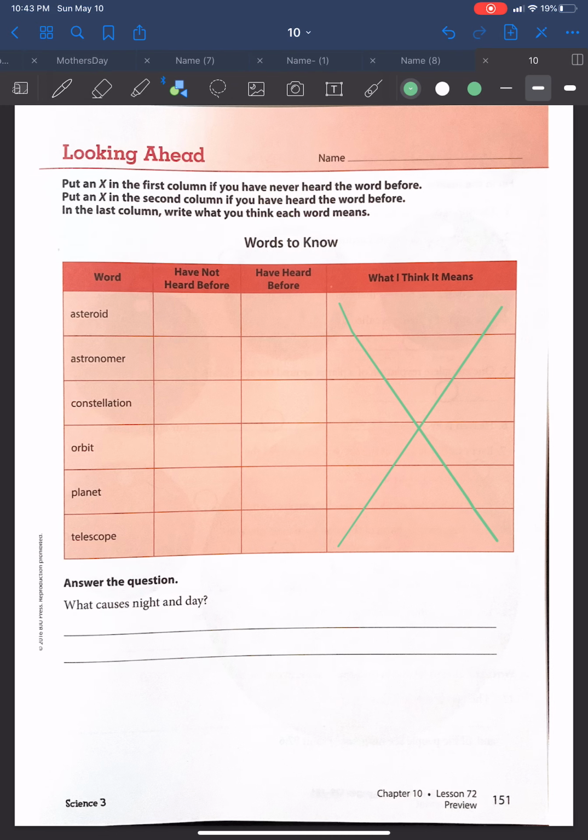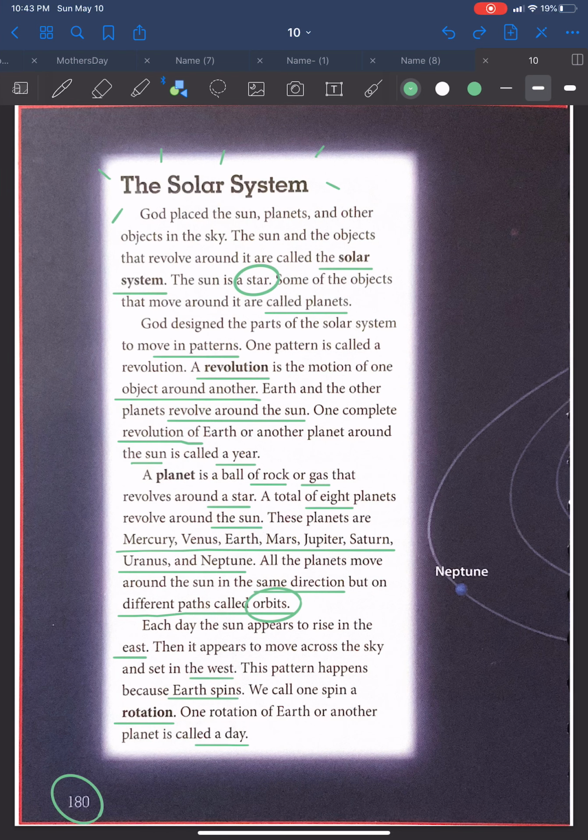So if you'd like to go back and revisit this question right here, what causes night and day? Well, the fact that the Earth is spinning causes us to see the sun and then to not see the sun. See the sun, not see the sun. So what causes night and day? Well, the rotation of the Earth, or that spin that it's doing.